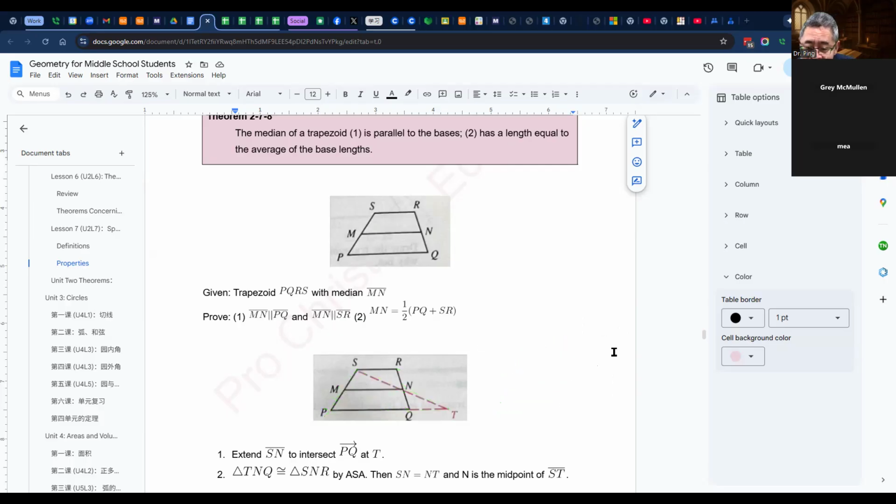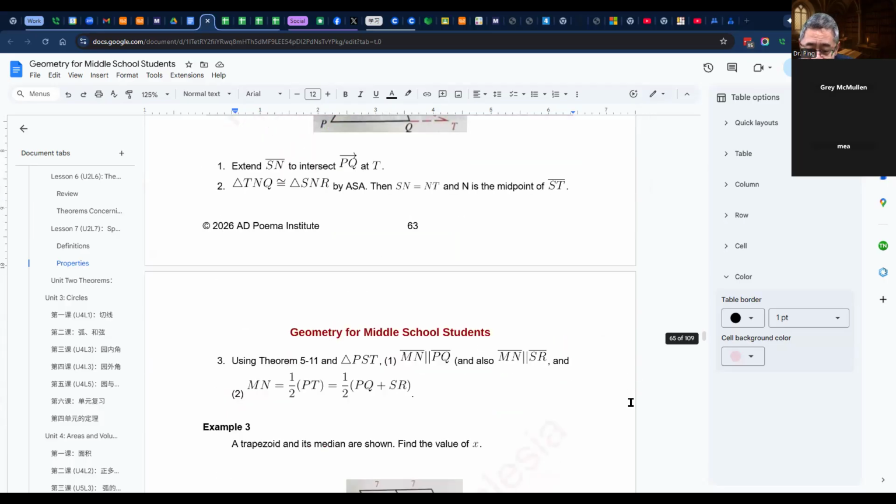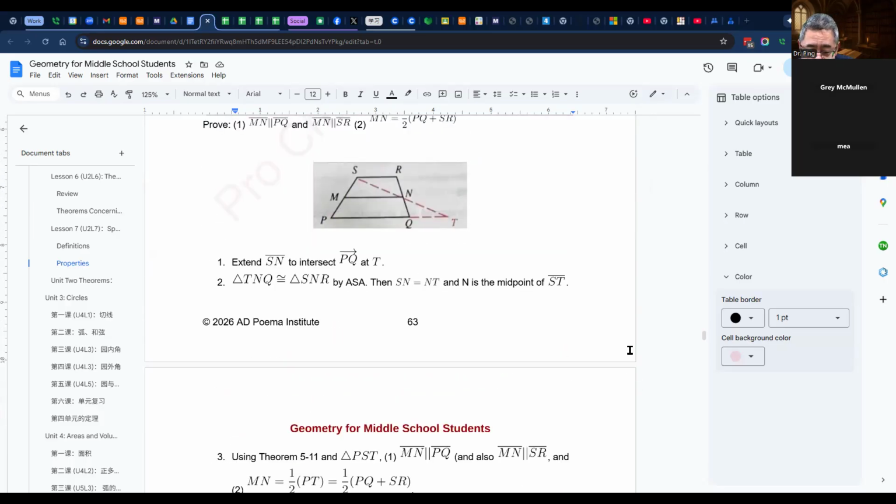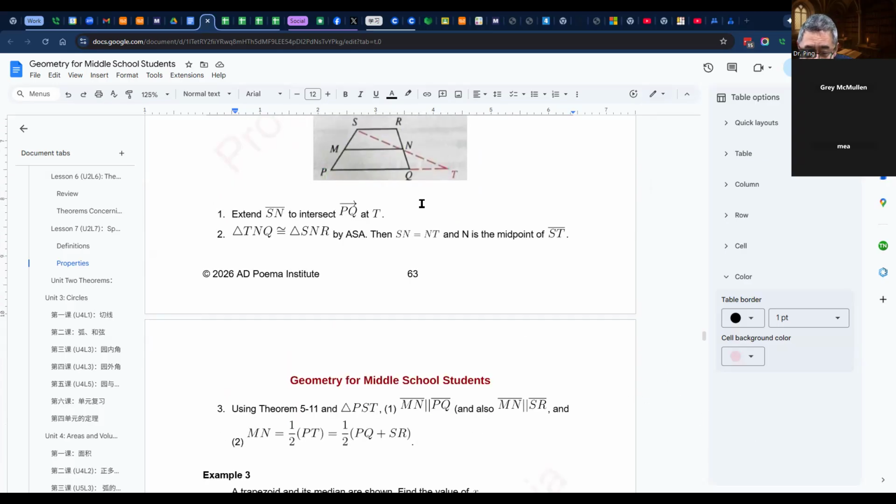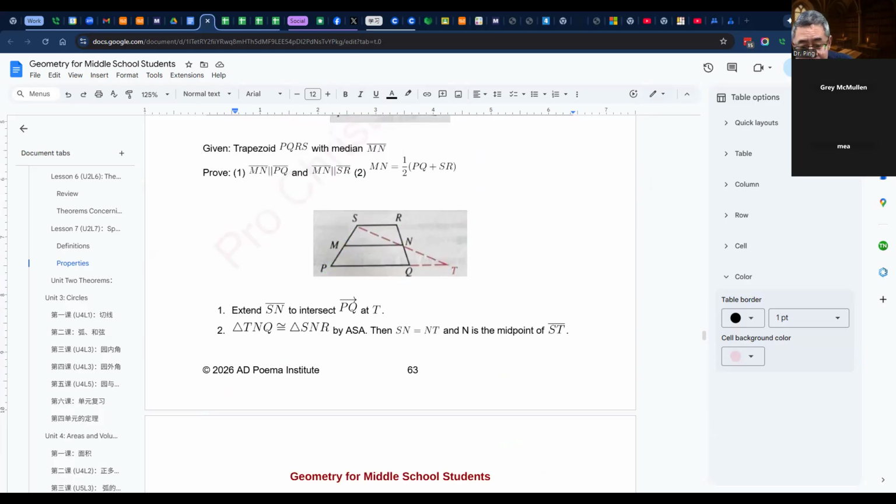So now we are going to use that triangle to prove it. Before that, we have to prove something.